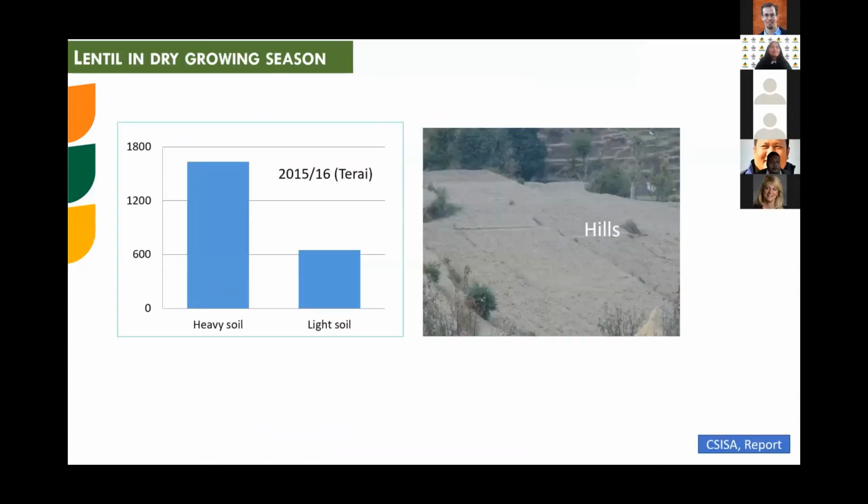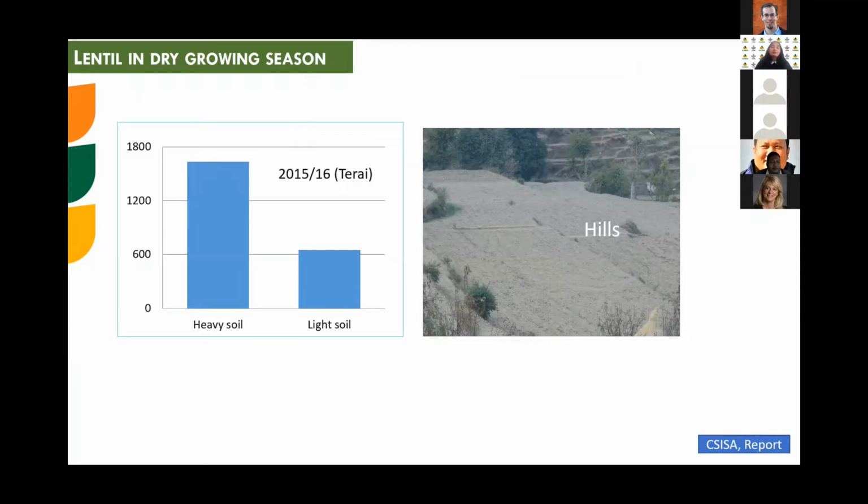Again, this is one example: 2015-16 was a really dry year, and this is the field in Dadeldhura where we didn't get even a single crop from the hills. At the same time there was a good amount of yield in heavy soil in Tarai, and very little yield on light soil. So these are the challenges even in dry years.